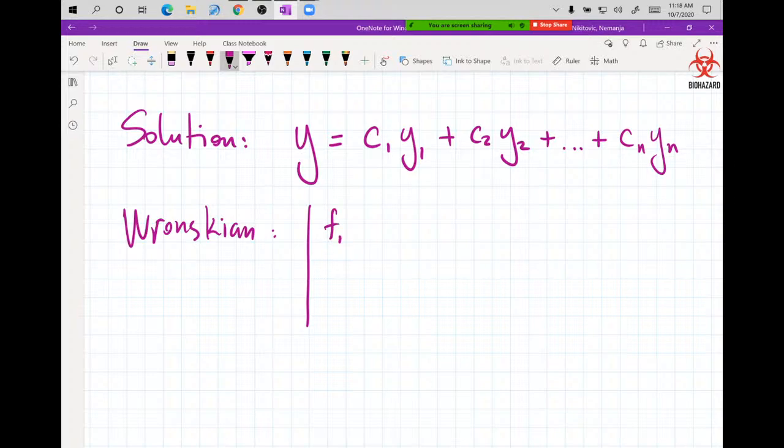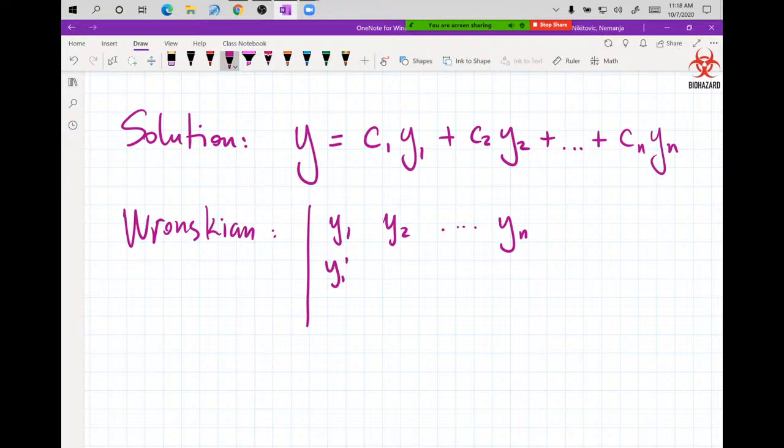So we have your solutions y1, y2, up to yn, however many of these you have.